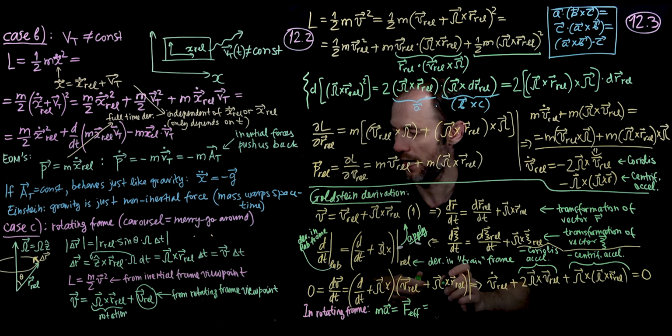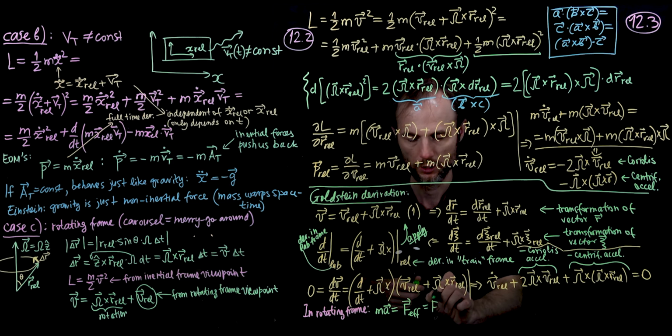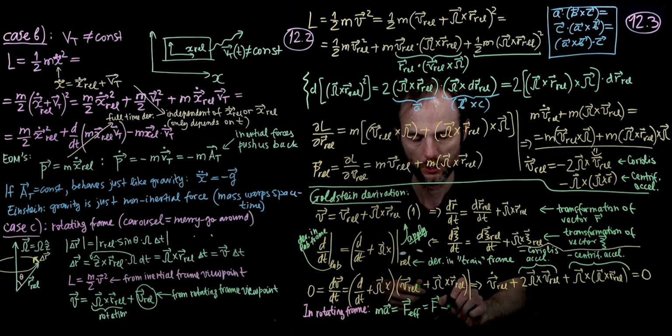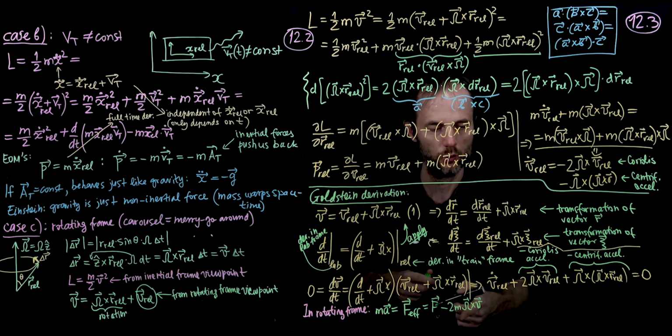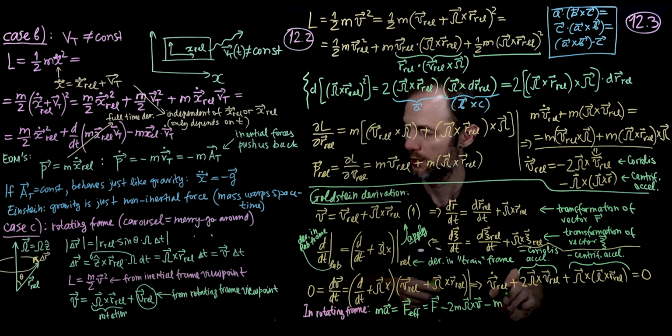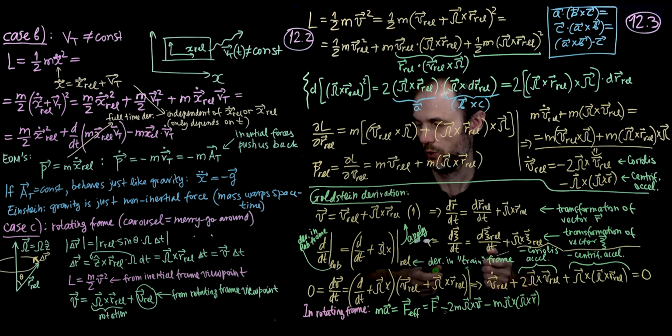F effective is the sum of the physical force plus these fictitious forces: minus 2m omega cross v, so that will be our Coriolis force, and minus m times omega cross omega cross r, so that will be the centrifugal force.